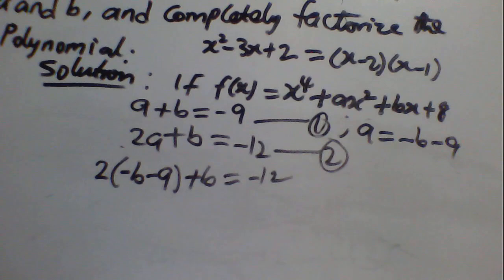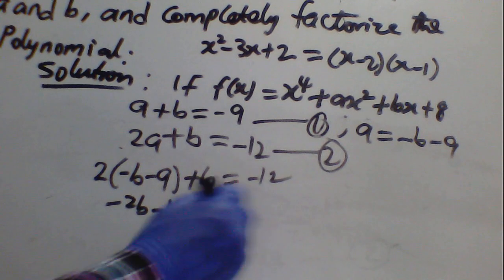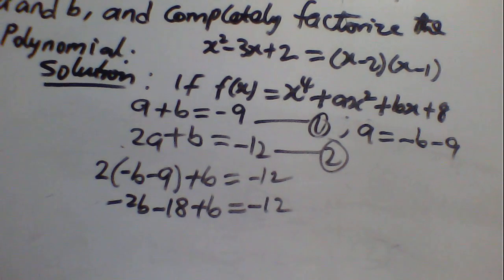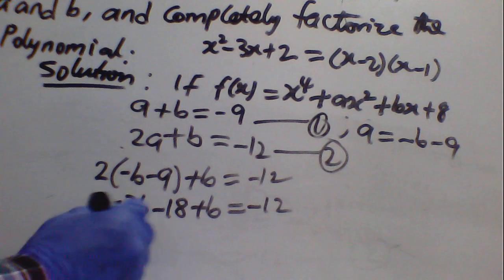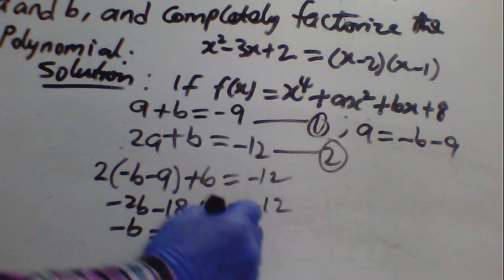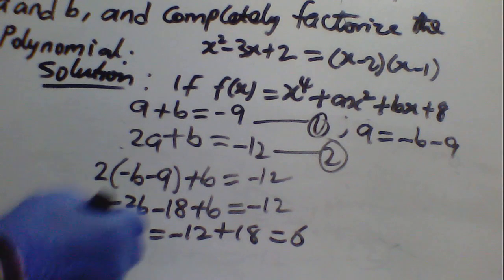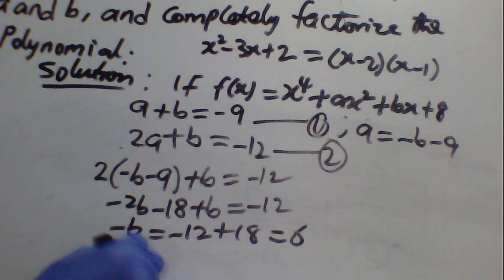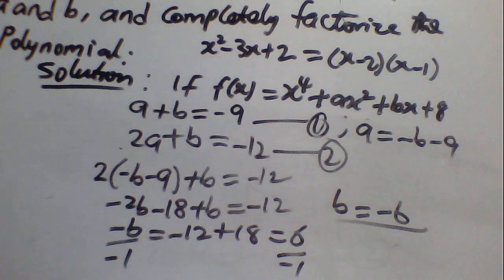By opening the bracket, 2 multiplies everything in the bracket to have minus 2b minus 18 plus b is equal to minus 12. Minus 2b plus b will give us minus b. So you have minus b is equal to minus 12 plus 18. Minus 12 plus 18, you have 6. So divide both sides by minus 1, and you have b equal to minus 6.